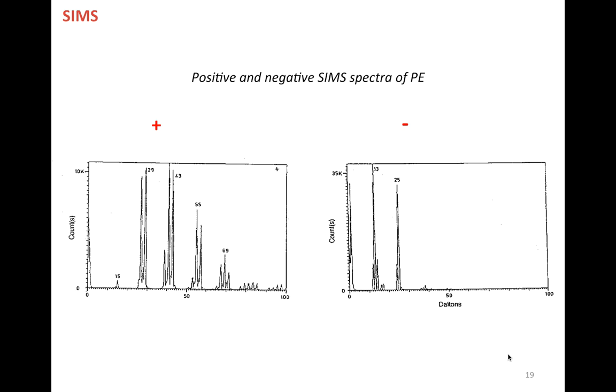CH2 means 14 atomic mass units. And in the positive spectrum, you can see here we add 1 and it's 15, and then plus 14, plus 14, plus 14, plus 14. So it's giving you the fragments that you are analyzing from the material.